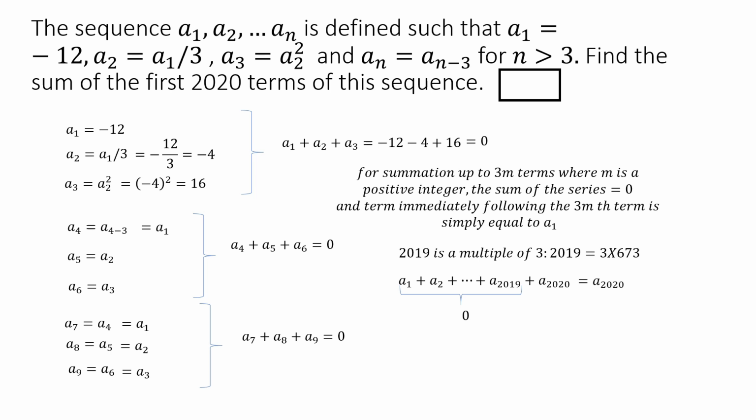So we are simply left with A2020. Now remember that A2020 is the term following A2019, so it's the term following a 3mth term, because 2019 is a multiple of 3. So that will make A2020 simply equal to A1, and we know that A1 is minus 12. So the sum of the first 2020 terms of this sequence will be simply equal to minus 12.